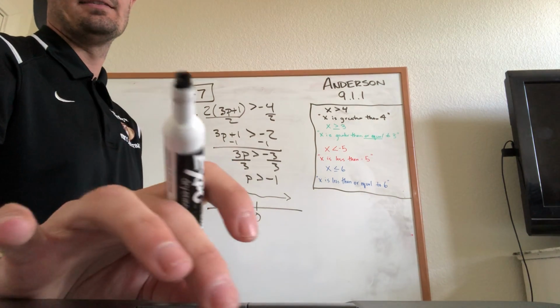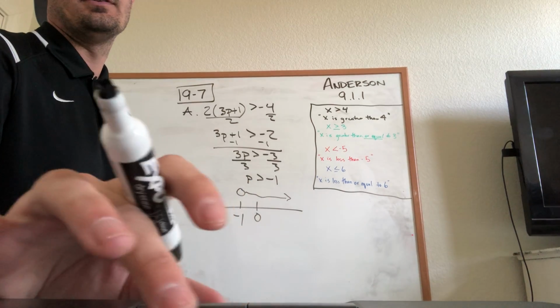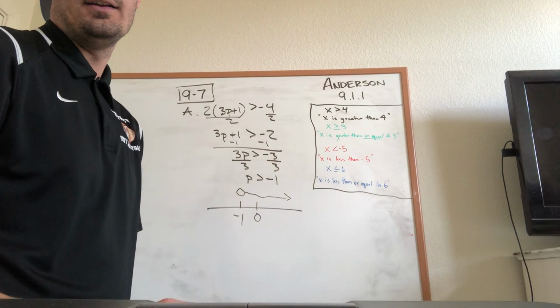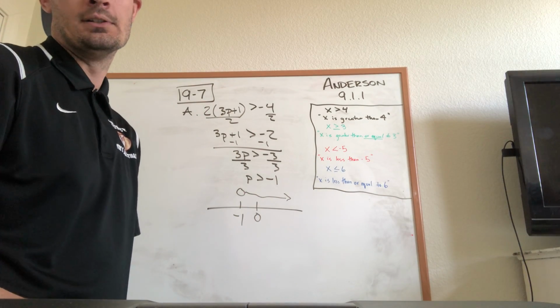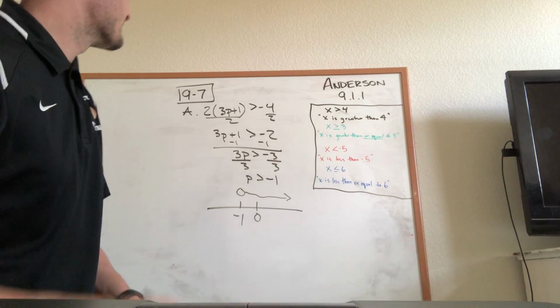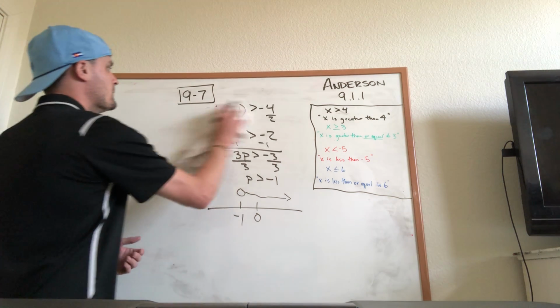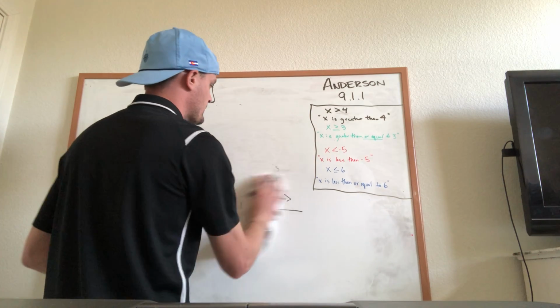Okay, so the last thing I want to show you, and it is somewhat important, and I believe it comes up on C. So we'll take a look at C. Over here doing half your homework for you.